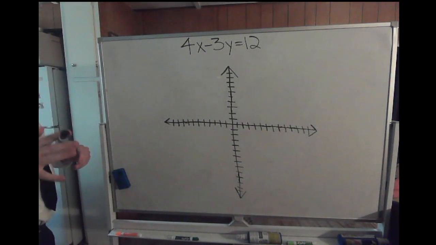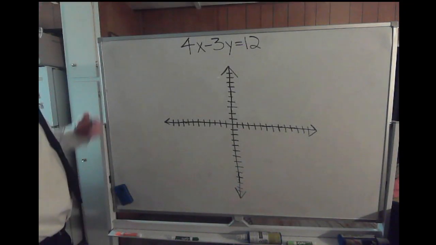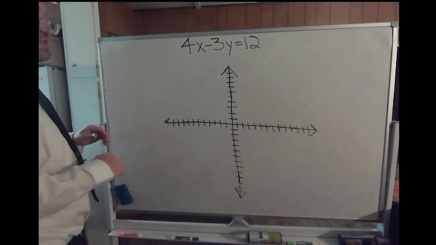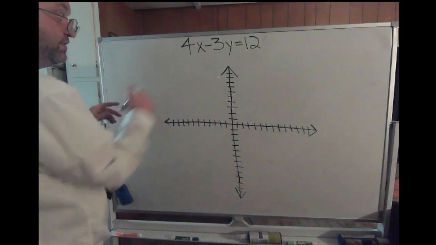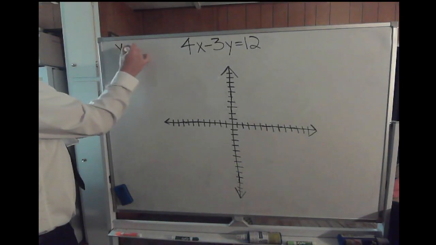Well, it's in standard form. We got that going for us. So now, let's find our intercepts. Let's find the x-intercept this time, which means we got to solve for x, so we got to set y equal to 0. So let's go ahead and set y equal to 0.